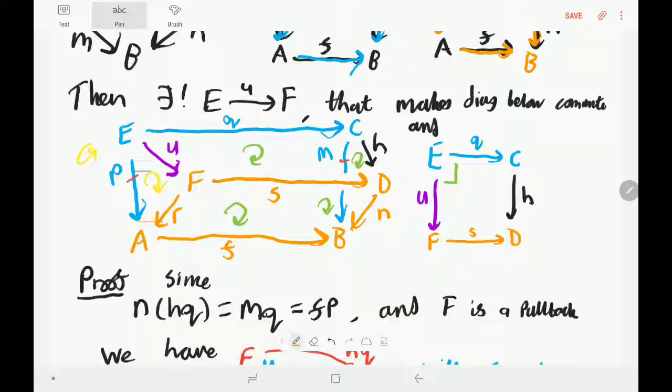And we also have that the base is a pullback. So, in the previous language, the outer rectangle is a pullback. So the pullback lemma tells us that this left square is also a pullback.